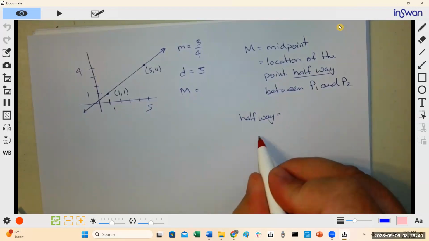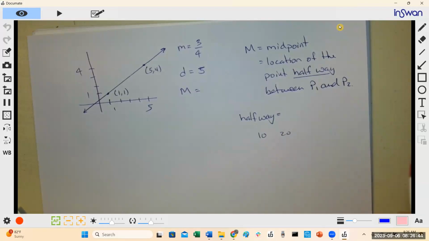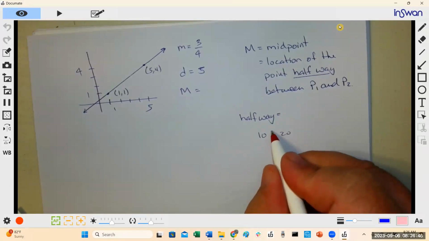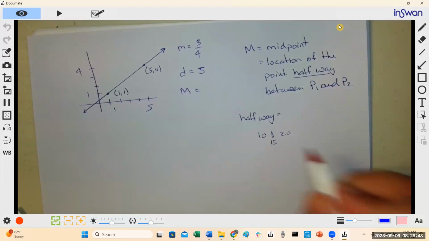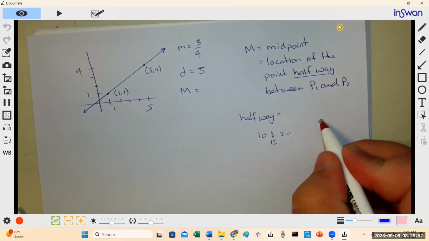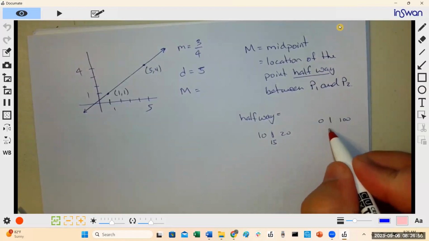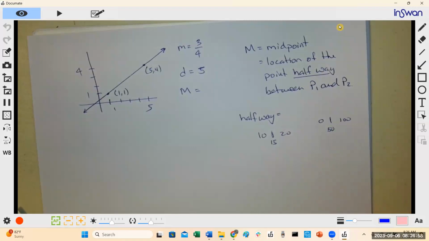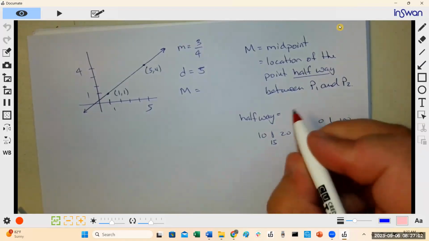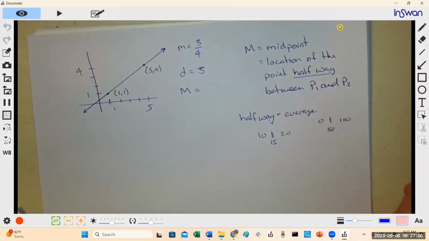So halfway between 10 and 20, we know it's 15. Halfway between 0 and 100, we know it's 50. So halfway simply means the average.